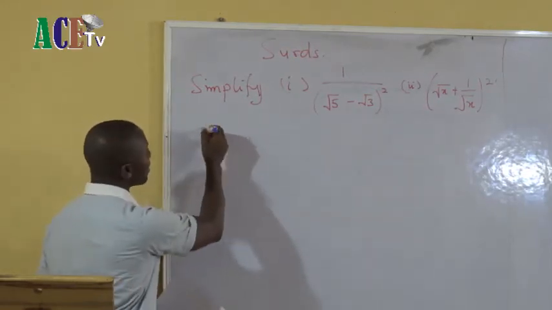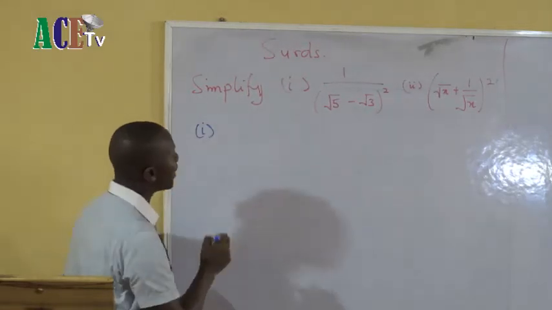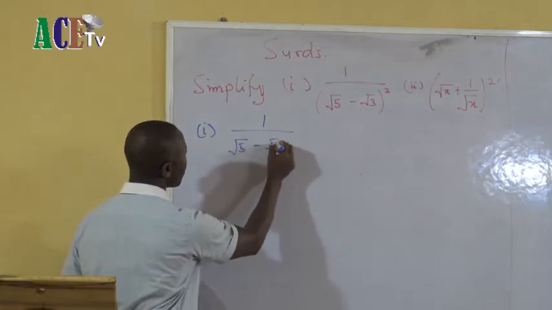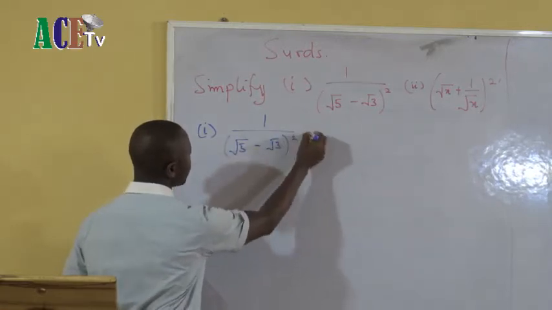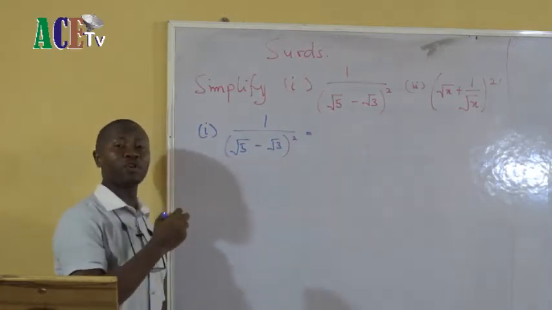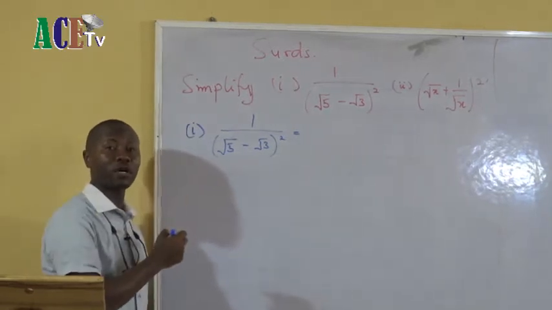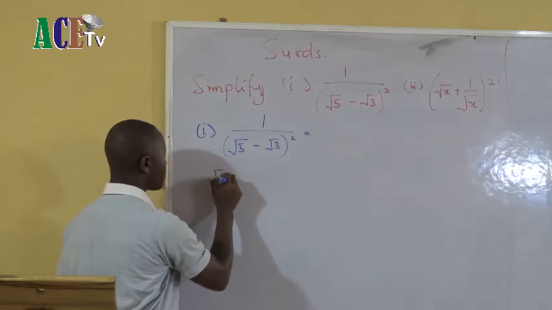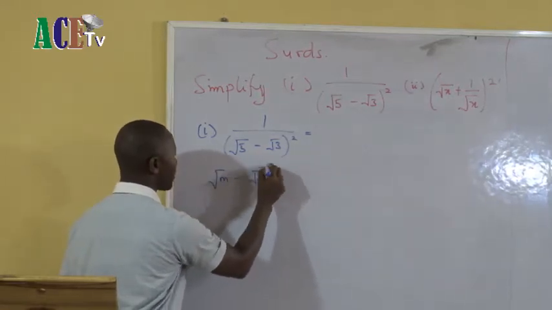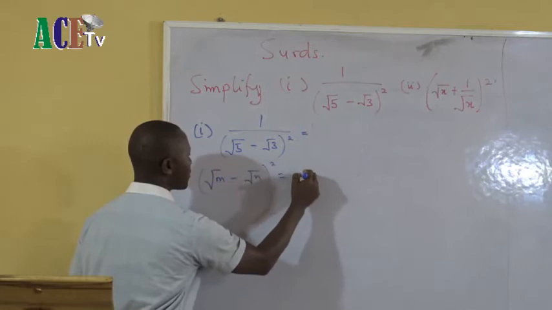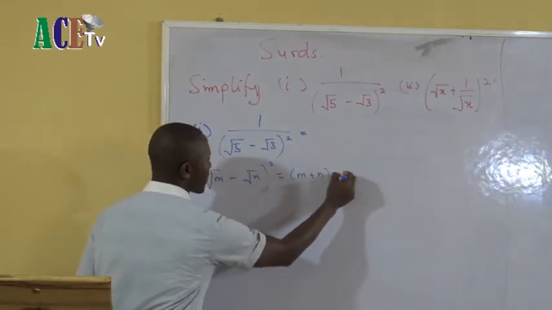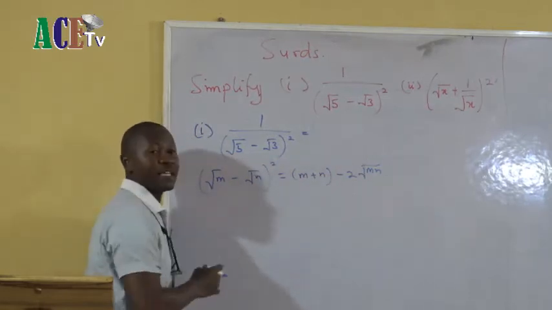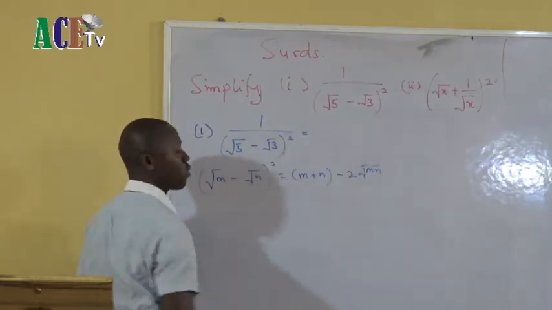Now in this first example, we have 1 over (the square root of 5 minus the square root of 3) all squared. If we remember from the algebra of surds that we considered, (the square root of m minus the square root of n) all squared would give us m plus n minus 2 square root of mn. We'll just adapt this to what we are doing here.